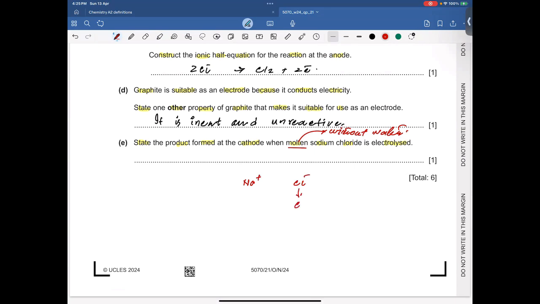Chloride ion discharges at the anode in the form of chlorine gas, whereas sodium ion discharges at the cathode in the form of molten sodium. So the examiner is looking for the product at the cathode, so just write sodium or molten sodium.